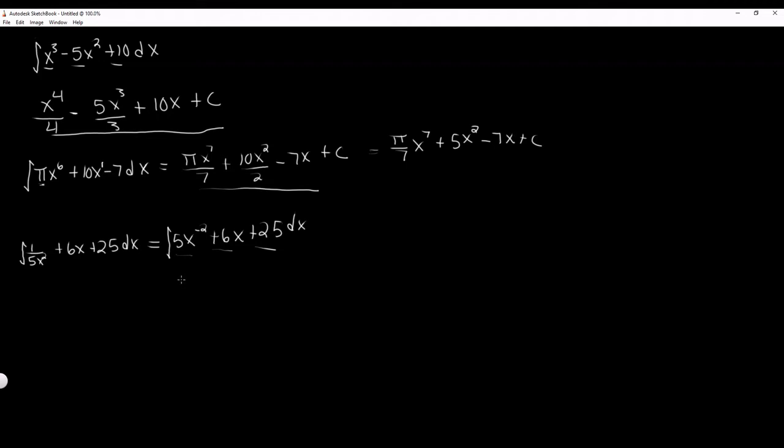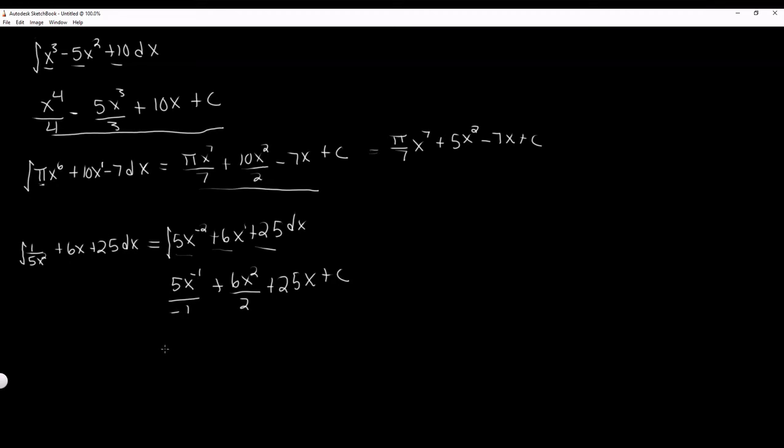So that would be 5x to the negative 1 divided by negative 1 plus 6x to the first plus 1 would be 6x squared. Then we divide by 2 plus 25 is a constant, so we just add an x. Then we add c. And if we wanted to simplify this, so 5x to the negative 1, to make it look better, we just switch the signs to get it back to the bottom.